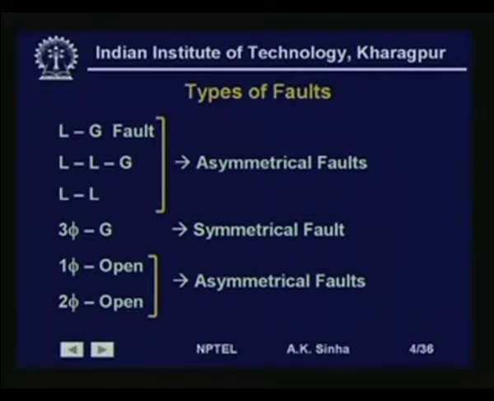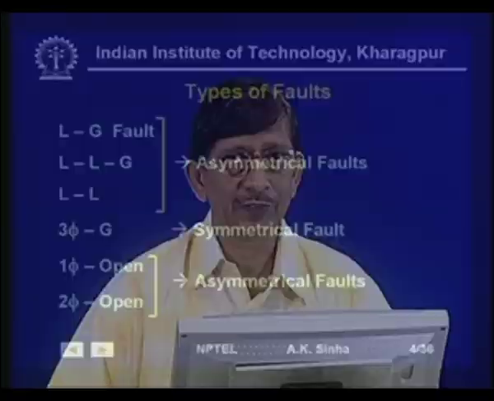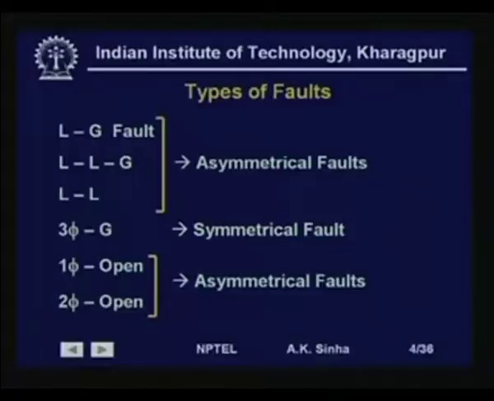These three faults, which are much more common than the three-phase to ground faults, are asymmetrical faults because they create asymmetry in the current and voltage in the three phases of the system. Whereas a three-phase or a three-phase to ground fault is a symmetrical fault because in this fault, the current and voltage symmetry in the three phases are maintained.